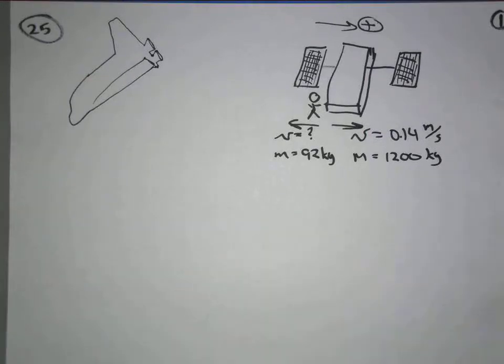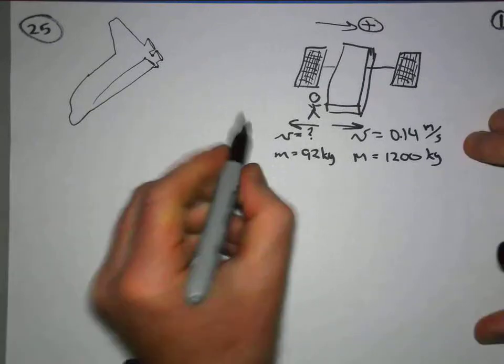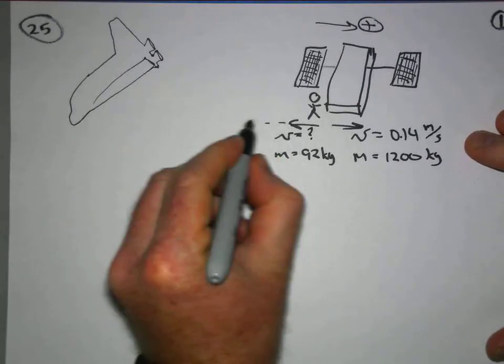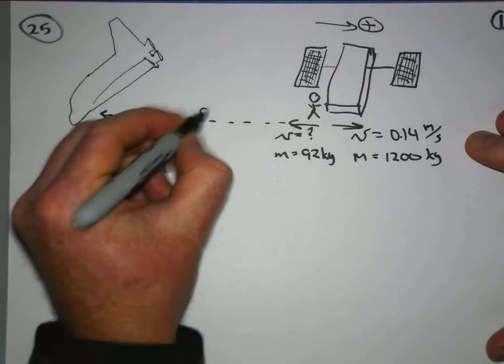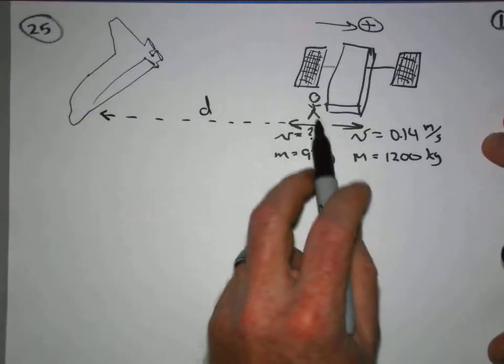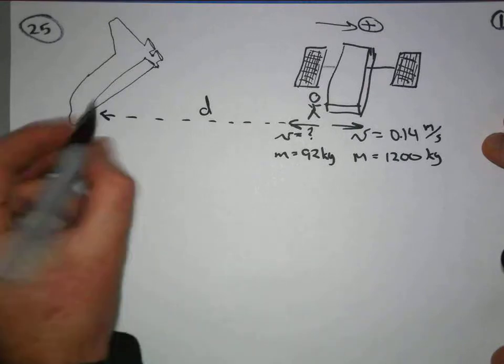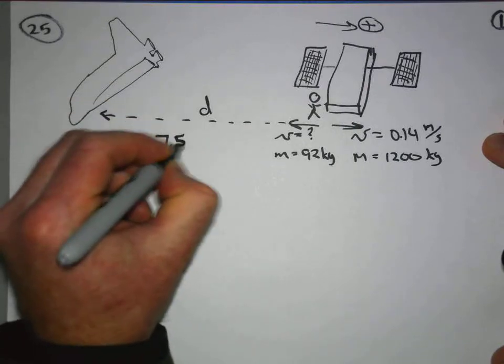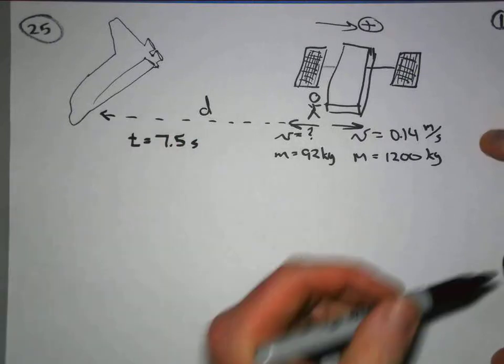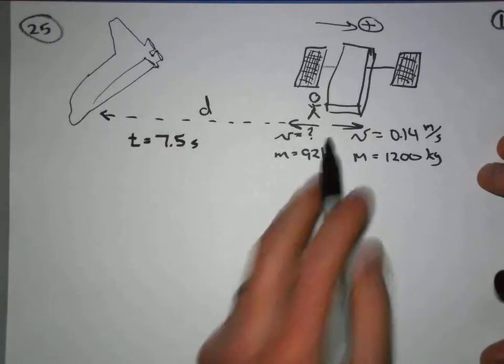Anyway, you get the idea. Space shuttle. So the astronaut is going to travel this distance d from this position, and we have a time of 7.5 seconds to get to the space shuttle due to this push-off from the satellite.